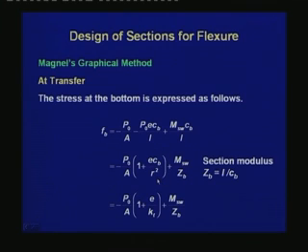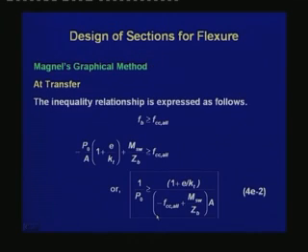Again, we are grouping the terms of P0 together, and for the term with MSW, we are substituting the section modulus Zb is equal to I divided by Cb, and once we write this expression after these substitutions, we get an expression of the stress at the bottom in terms of P0 and E and the section variables and the self-weight moment. We have to satisfy the inequality relationship that Fb is greater than or equal to Fcc allowable.